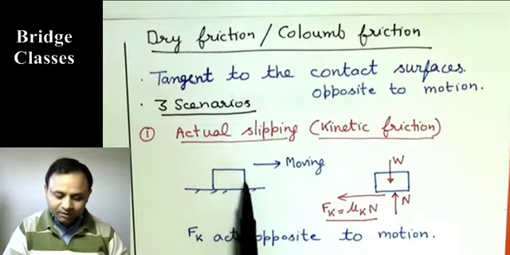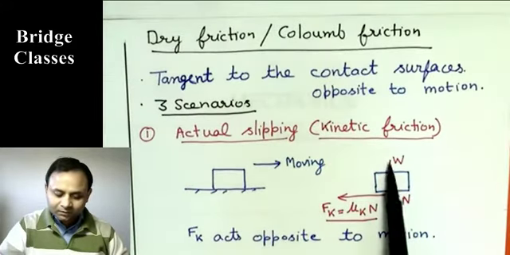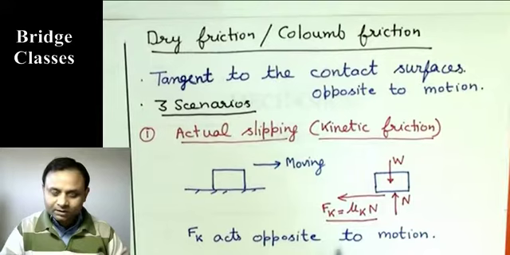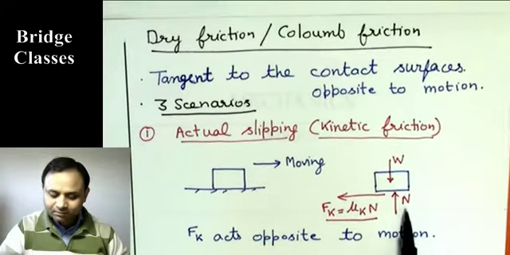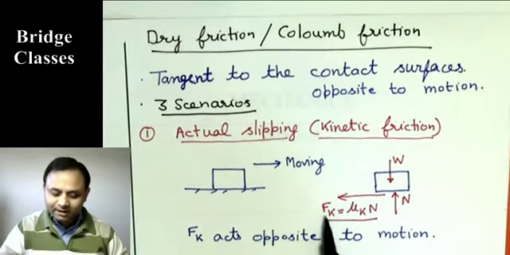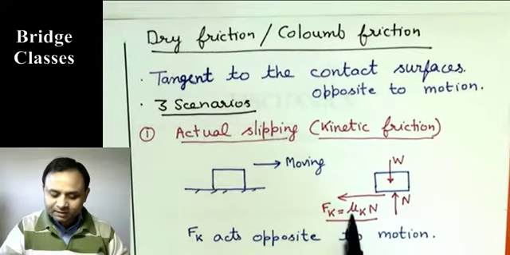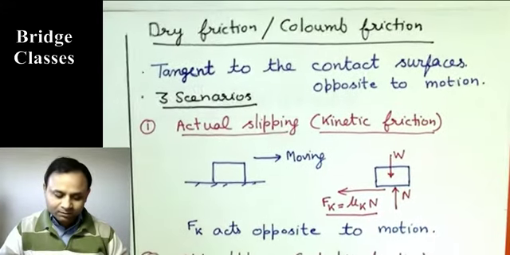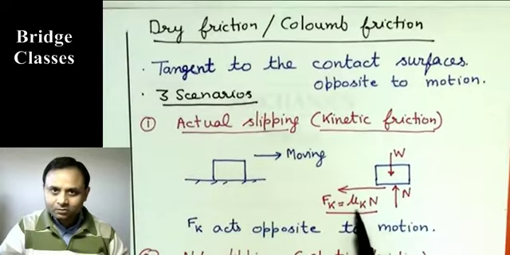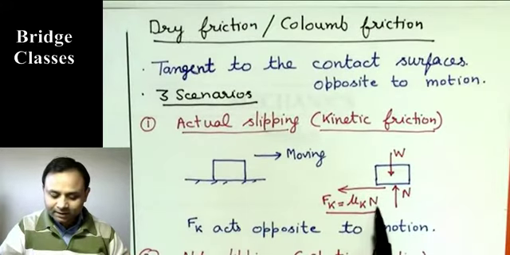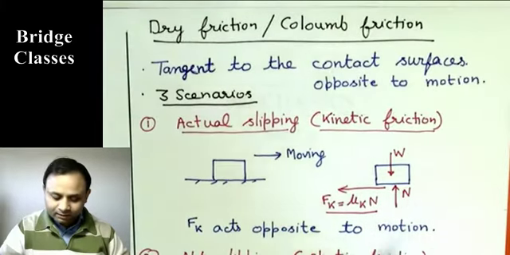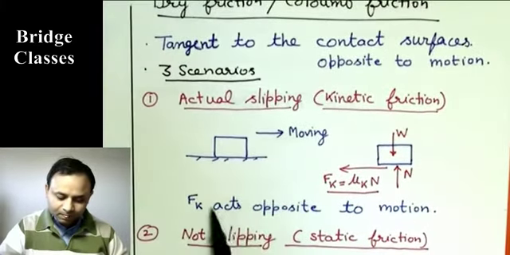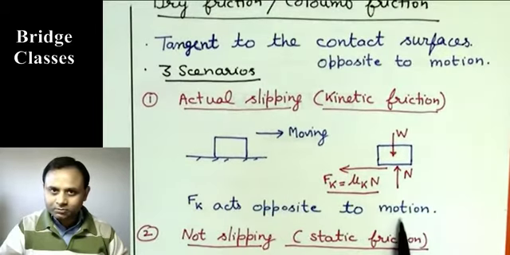If we draw a free body diagram of this body, we have its weight acting downwards, and the perpendicular reaction from the surface, that is N, and kinetic friction Fk, it is always given as mu k N, where mu k is the coefficient of kinetic friction and N is this normal reaction between contact surfaces, and it acts opposite to motion, because motion is actually happening.